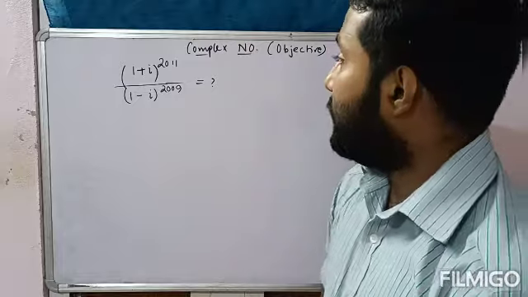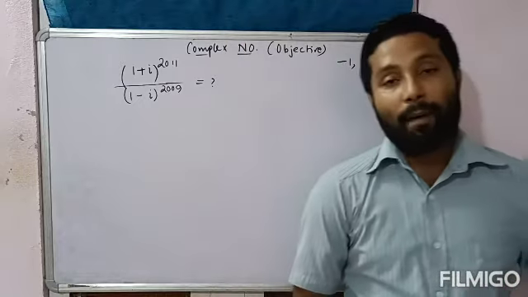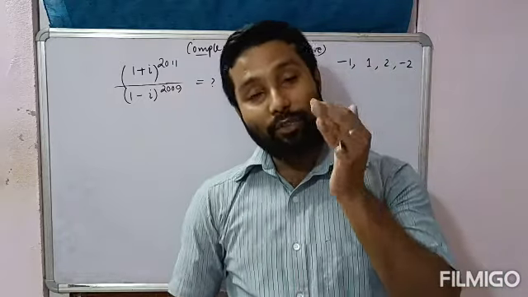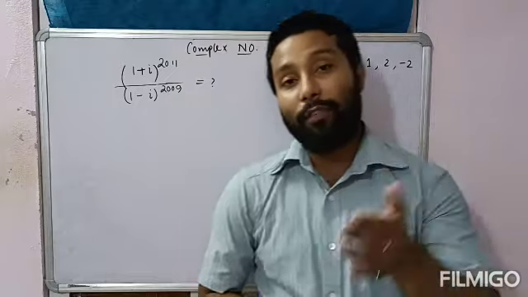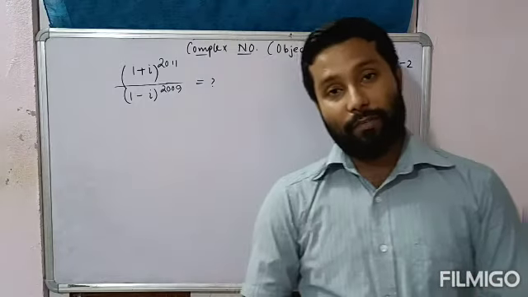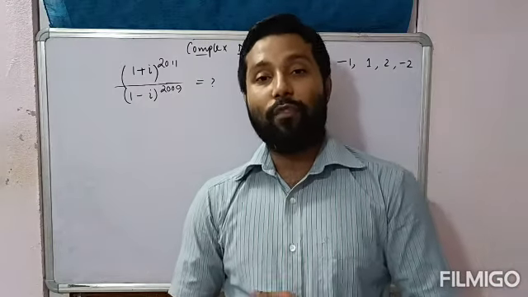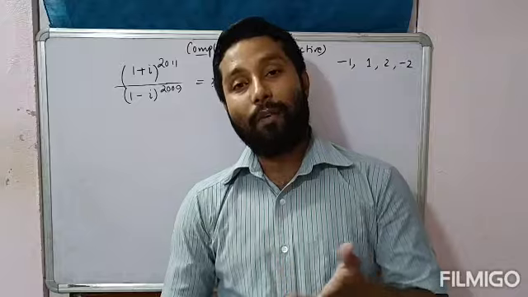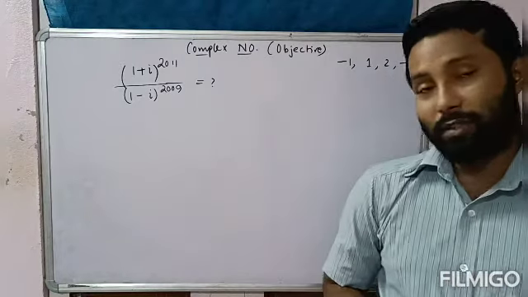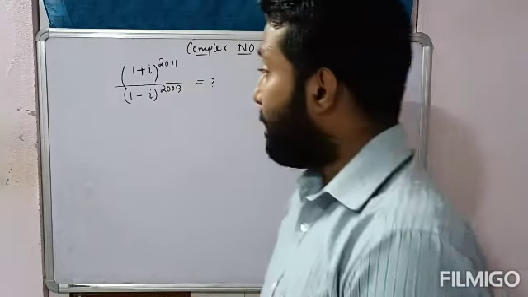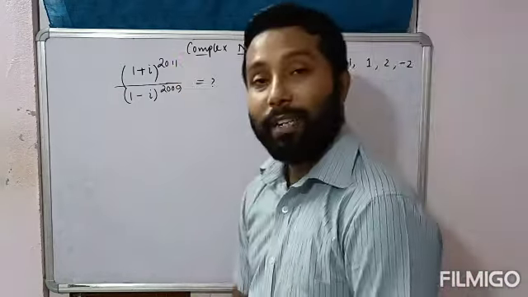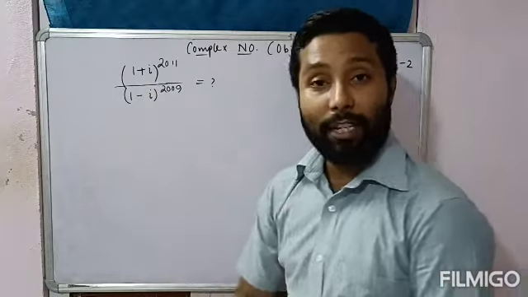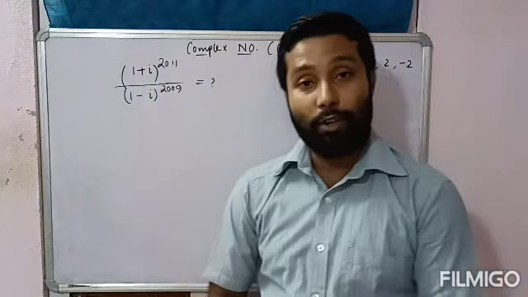तो यहाँ पे हम लोगों को पता होना चाहिए कि i square का वैल्यू, i cube का वैल्यू, i to the power 4 का वैल्यू. If you know the values of i square, i cube and i power 4, we can easily solve this question. ठीक है. तो यहाँ पे एक्सपोनेंट को देखो, 2011 है न्यूमरेटर में और 2009 है डिनोमिनेटर में.